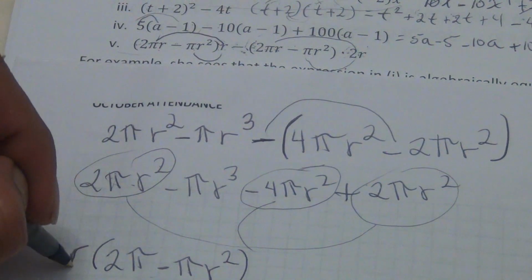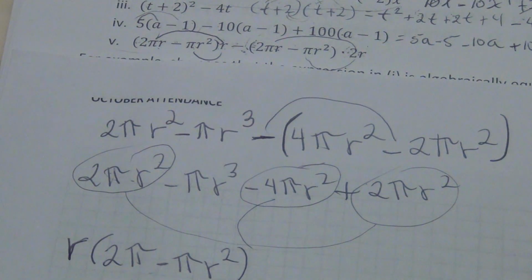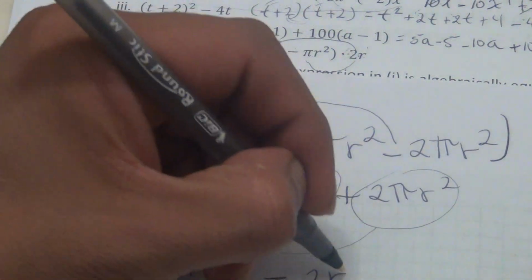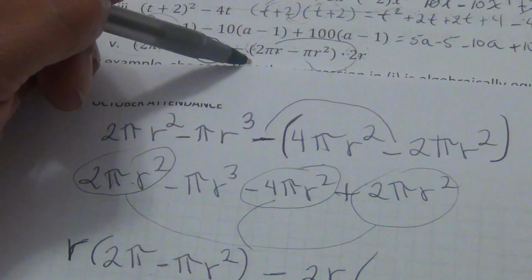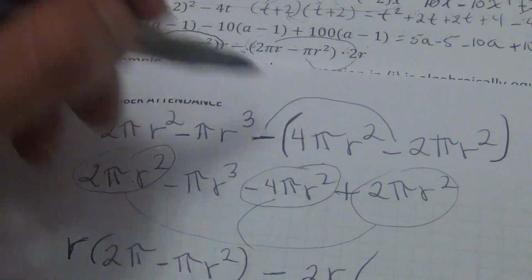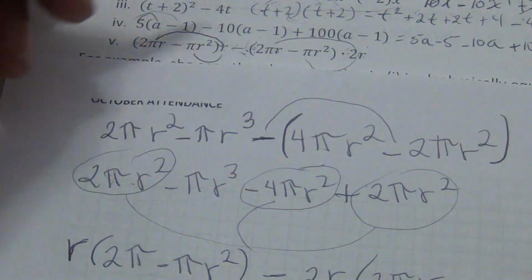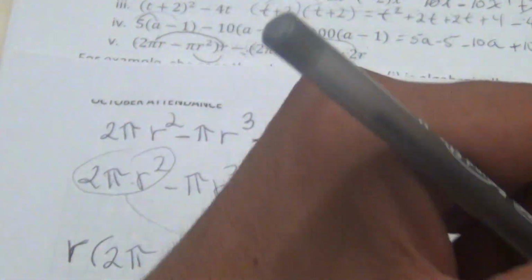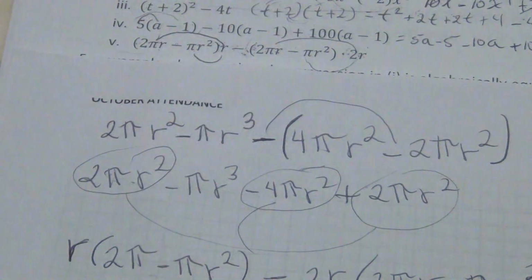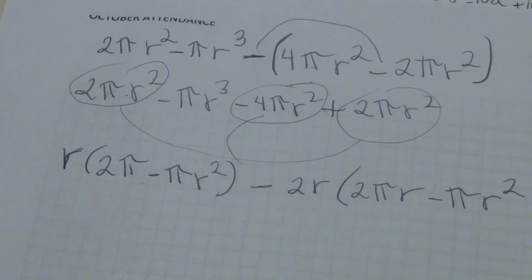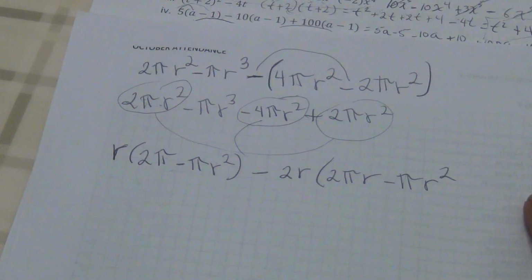But this time I'm gonna put the r over here. Minus 2r. I'm putting the 2r in front of the parentheses. Minus 2r times 2 pi r minus pi r squared. Okay. That's basically what I have. Let me see if you can see this.